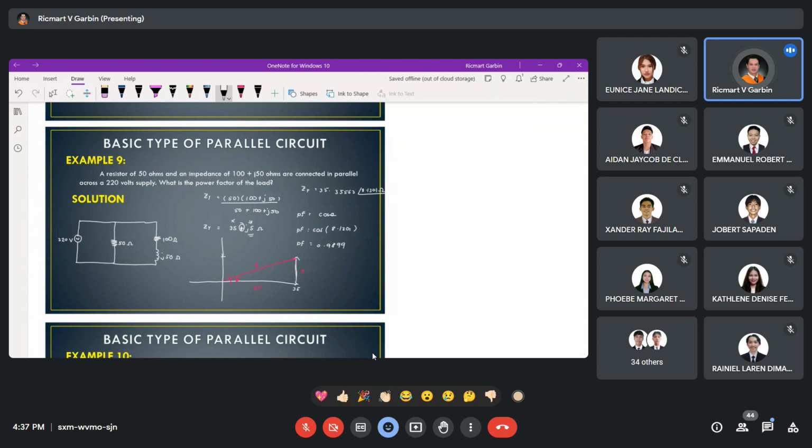So, di ba, lagi ang sabi ko sa inyo last time, kapag naging inductive ang ating impedance or ating total impedance, yan ay lagging. Tapos kapag naman ito ay naging minus, yan ay magiging leading. So kaya ito ay 0.9899 lagging. Yan. Maliwanag po.